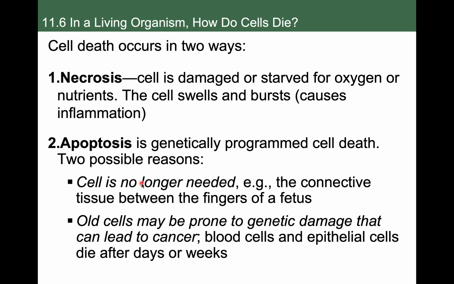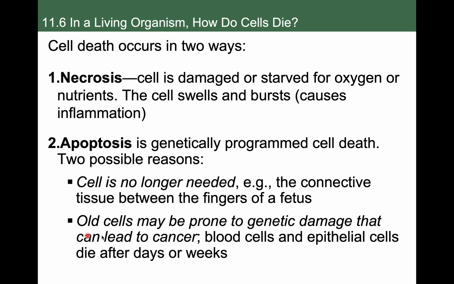So a lot of times this is really important during embryonic development. You can think of it as kind of removing unneeded tissue. If you were given a lump of clay and asked to sculpt that into some particular shape, right? You usually do that by removing clay. So same kind of idea in an embryo, remove some cells by apoptosis.